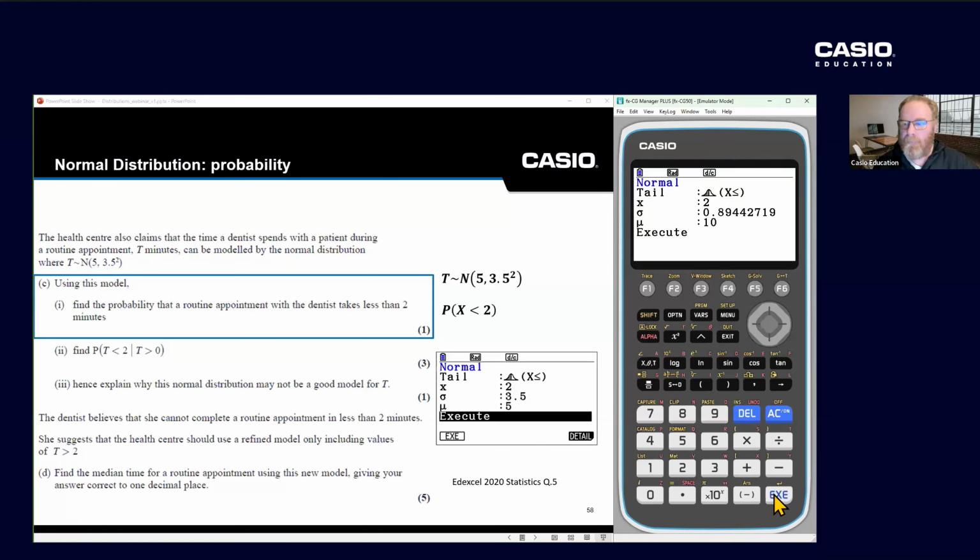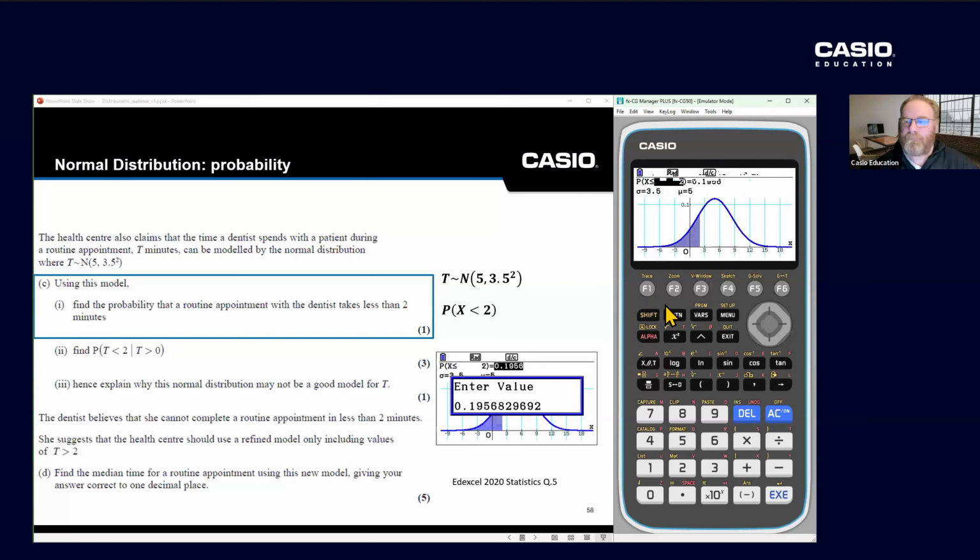X is 2, sigma 3.5, and the mean is 5. When I execute this time, I'm getting shading on the left-hand side with the probability, was it 19.5%, which I can interrogate.